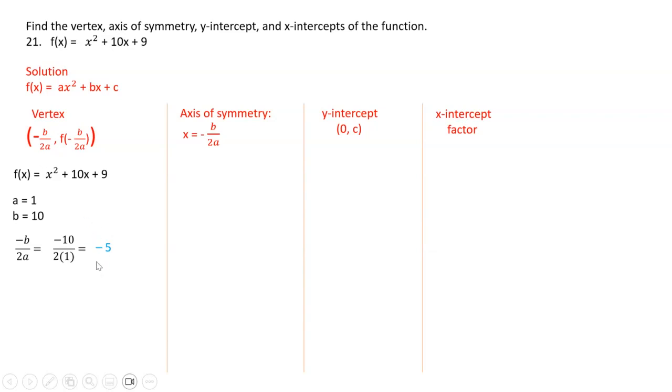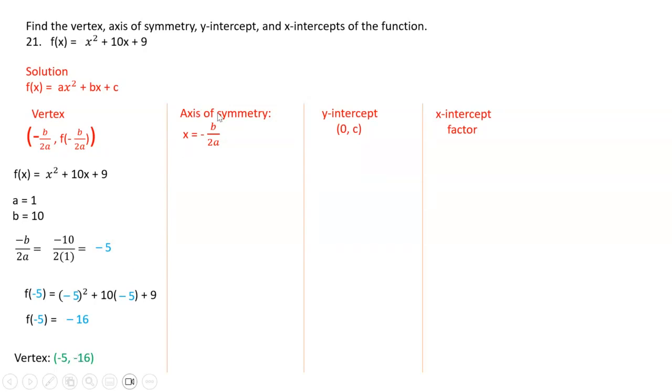Now to find the y part, I'm going to evaluate the function at f of negative 5, which means I'm going to plug in negative 5 for every x on the original function. This will give us 25 minus 50 plus 9. The result will be negative 16. So my vertex will be negative 5, negative 16.